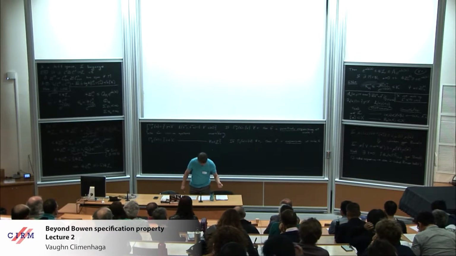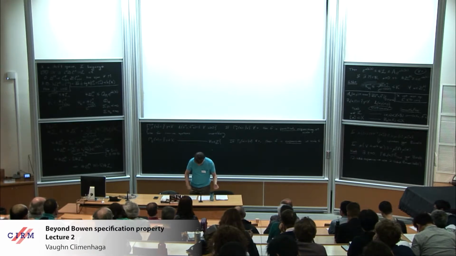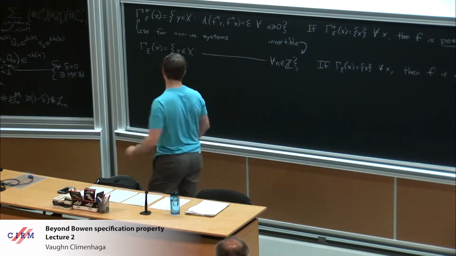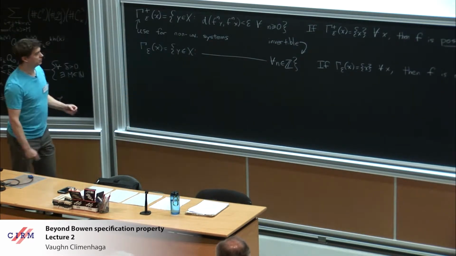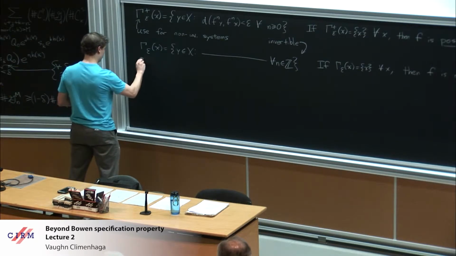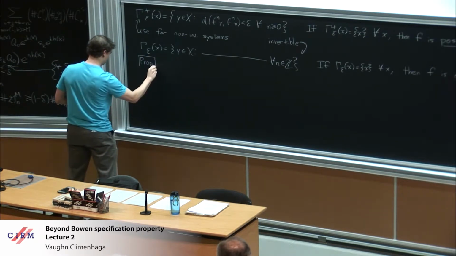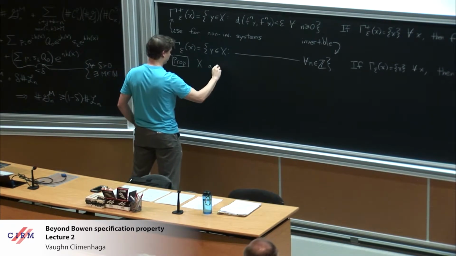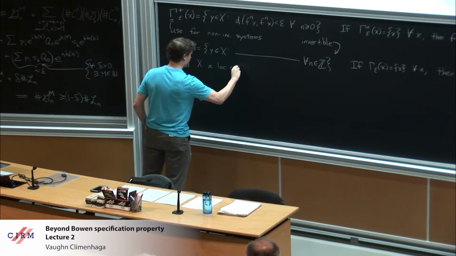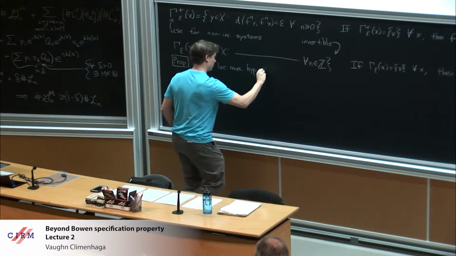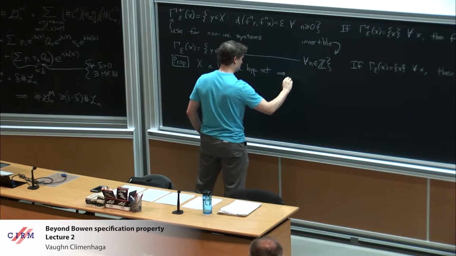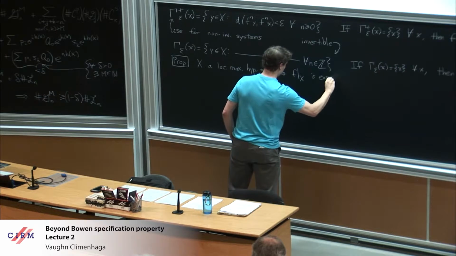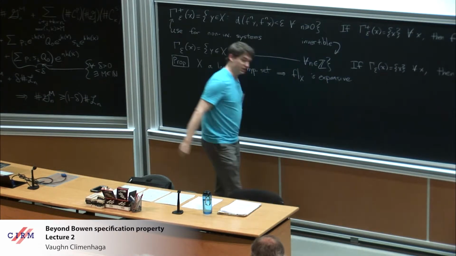I think I just want to state the result now. Before I state the result, I should observe first that if you are a locally maximal hyperbolic set for a diffeomorphism, then the map is expansive.